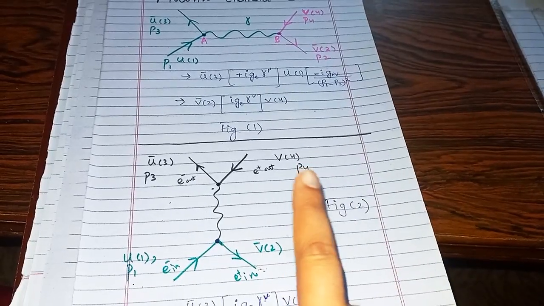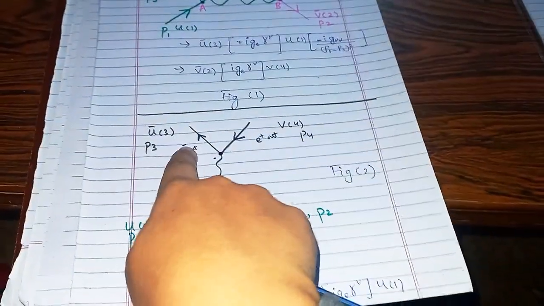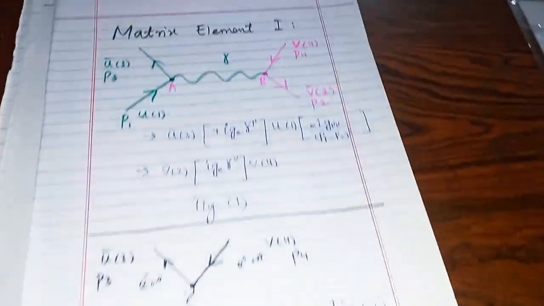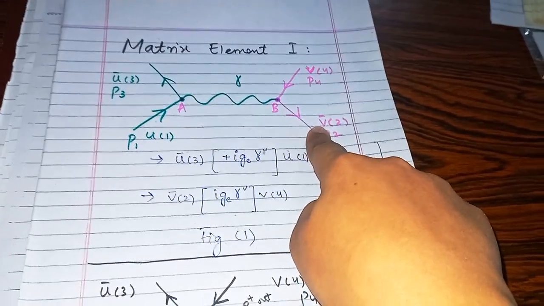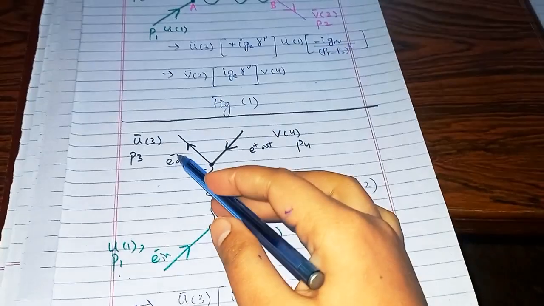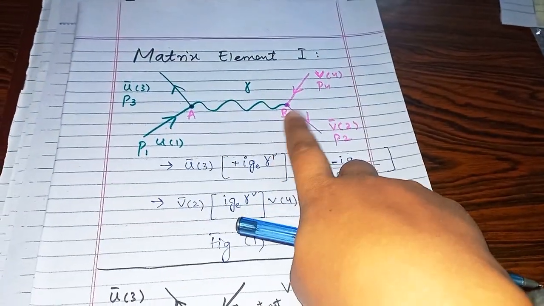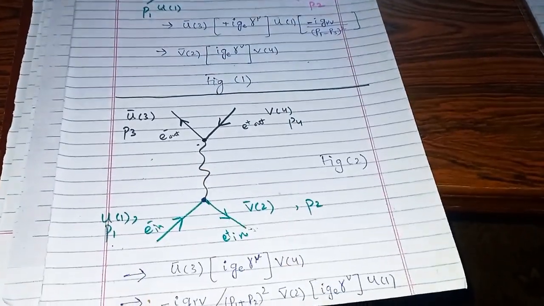If I exchange one fermion with another fermion, I get the same result. If I take the electron in here and the positron in here, this diagram is essentially this diagram. Because two electrons cannot annihilate with each other to give a virtual photon.